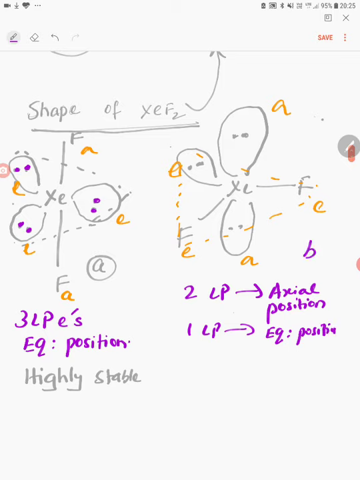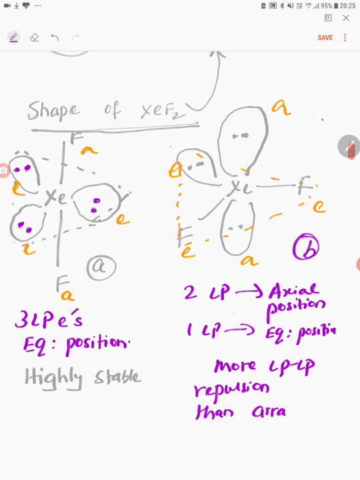So you can see this is figure B. In this case there will be more lone pair repulsion than the arrangement in figure A. Therefore, we can say figure A is more stable than figure B. This is more highly stable.